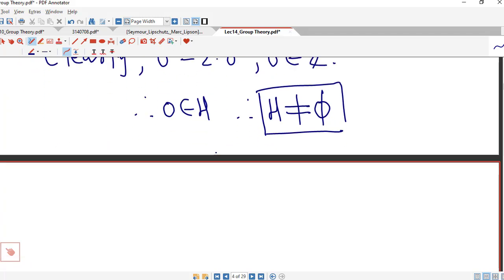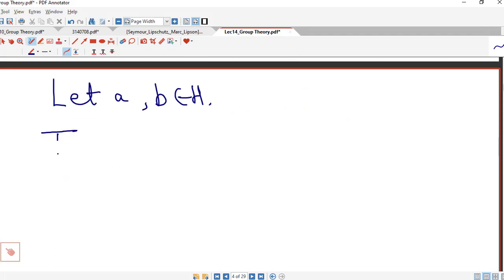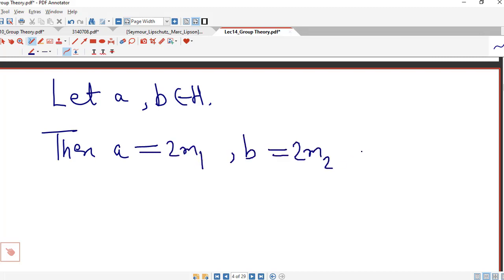Now for the one-step subgroup test, we take two elements in H. Let a, b belong to H. Then a equals 2 into m1 and b equals 2 into m2, where m1 and m2 are integers.